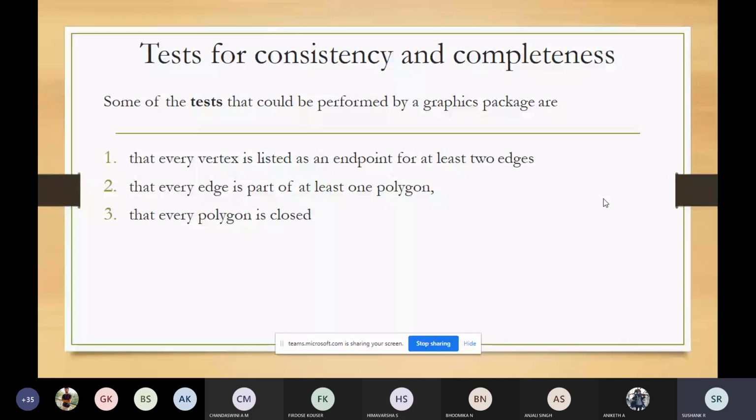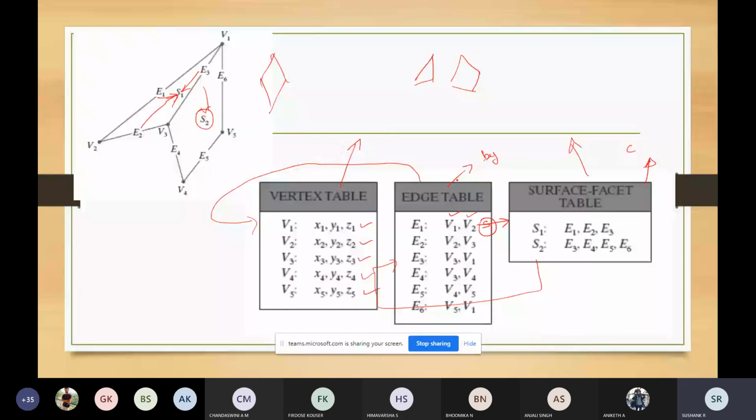These are the conditions for completeness testing. Every vertex is listed as an endpoint for at least two edges. Here this vertex is shared between E2 and E1. V1 is shared between E1, E3, E6. V3 is shared between E3, E2 and E4, and V4 is shared between E4 and E5.